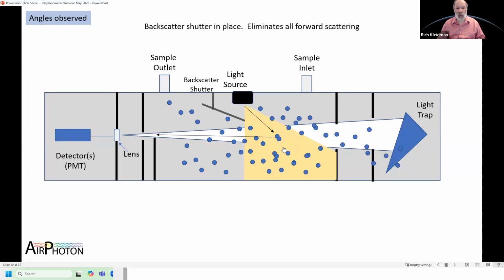So what you'll do then is subtract your backscatter from your total scatter if you want to get a forward scatter number, or you simply report total and backscatter. This is not a method that our instruments use. Our instruments don't have any moving parts internally, so we're making a completely separate measurement of forward and back scatter, and then we add the two together to get a total scatter number.